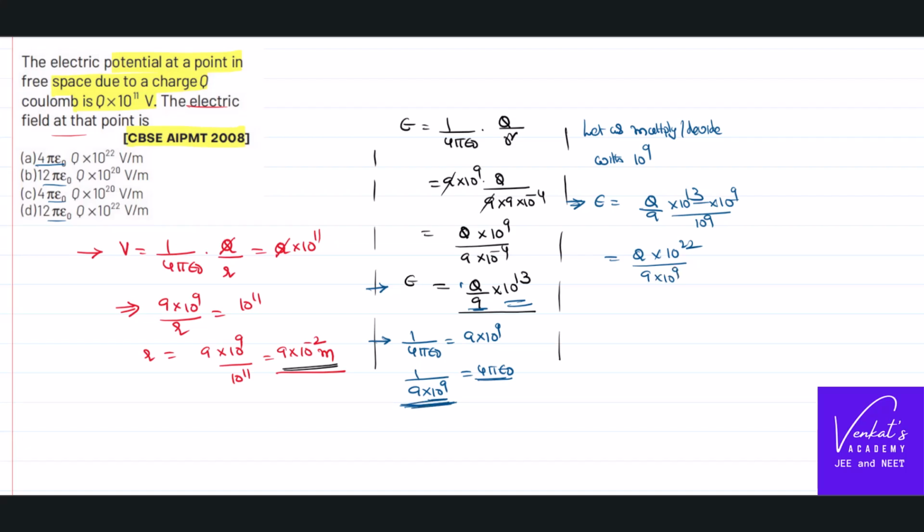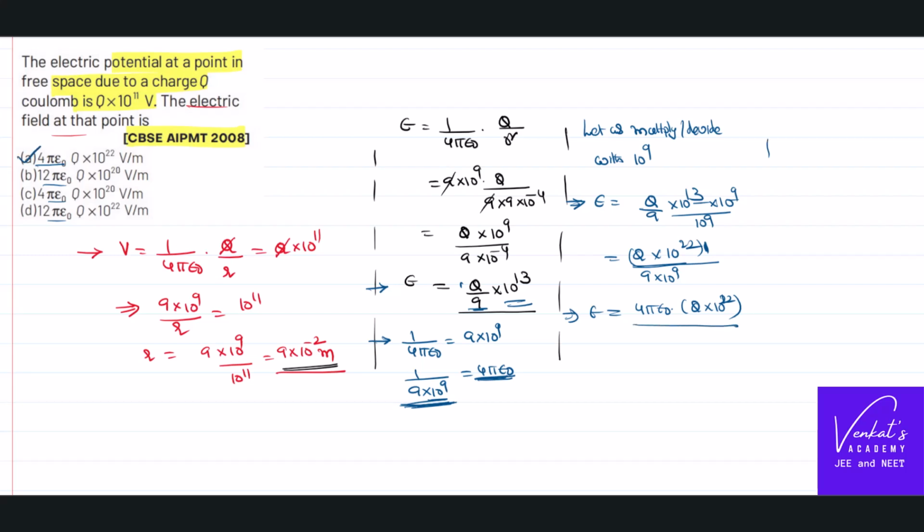In place of that 1 by 9 into 10 power 9, I can write 4 pi epsilon naught. Whatever remains is q into 10 power 22. So, your answer is 4 pi epsilon naught q into 10 power 22.